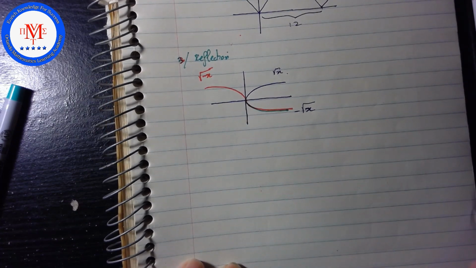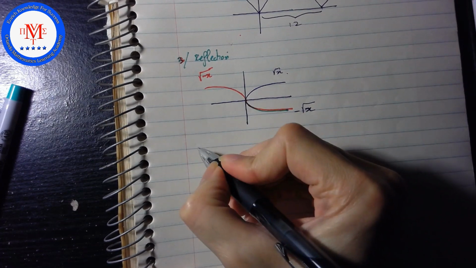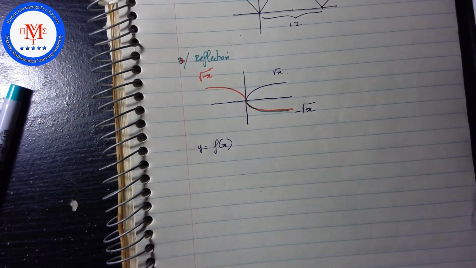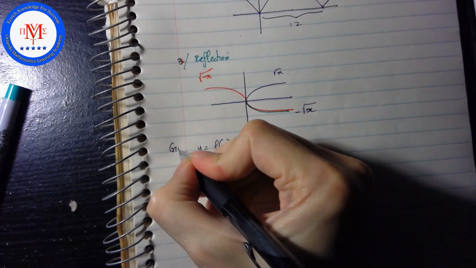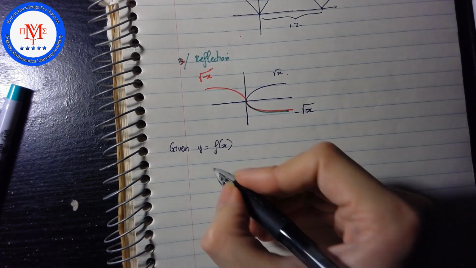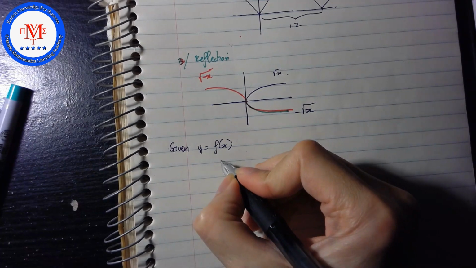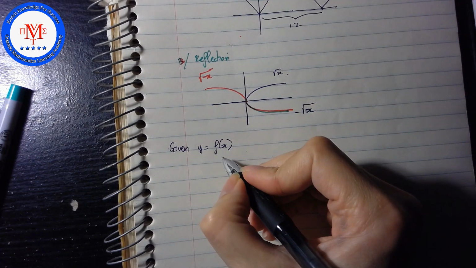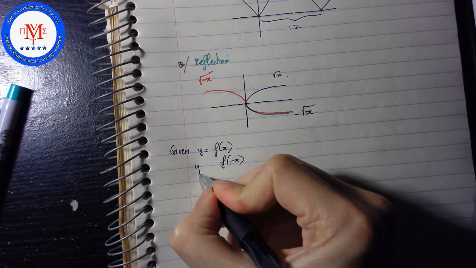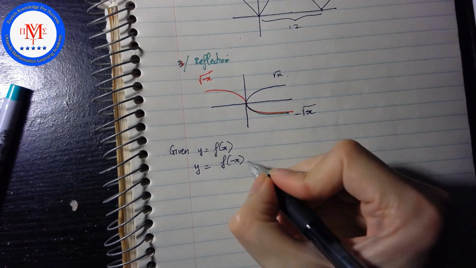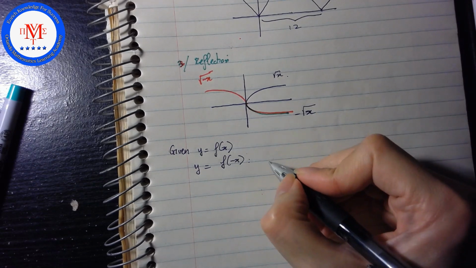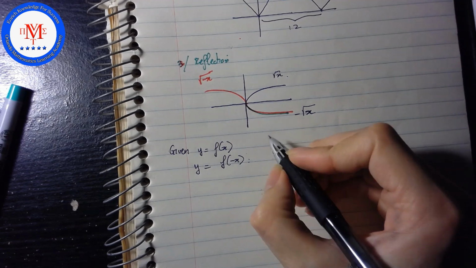So given a function y equal to f(x), if I apply the negative sign to the argument of the function, then we have a reflection about the y-axis.